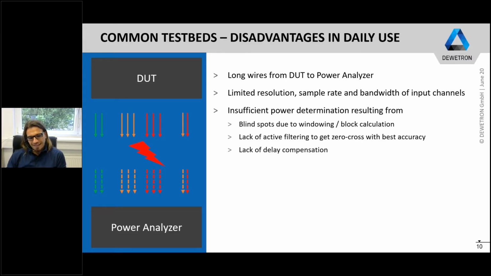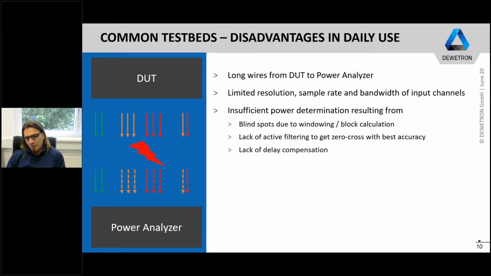And also we have a problem with missing active filtering algorithms in the signal path of analyzing and determining the fundamental frequency. In every signal path for detecting the fundamental frequency, you have a low-pass filter for filtering out high-frequency components to get a better accuracy for the fundamental frequency detection.